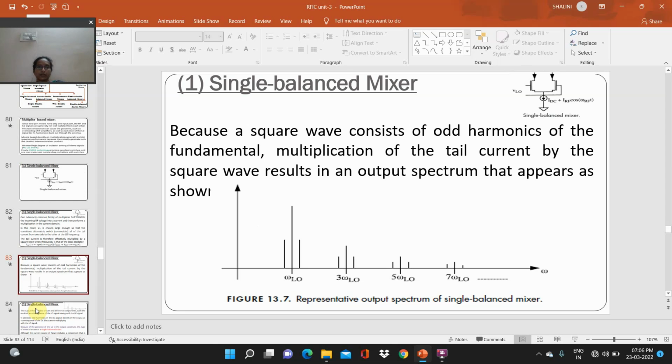Single balanced mixers: because a square wave consists of odd harmonics of the fundamental, multiplication of the tail current by the square wave results in an output spectrum that appears as shown. This is the representative output spectrum of a single balanced mixer.